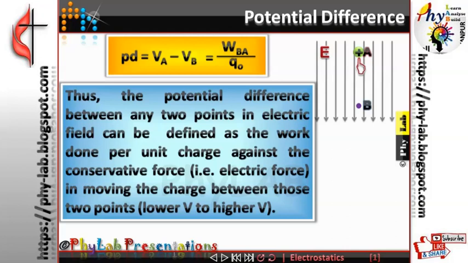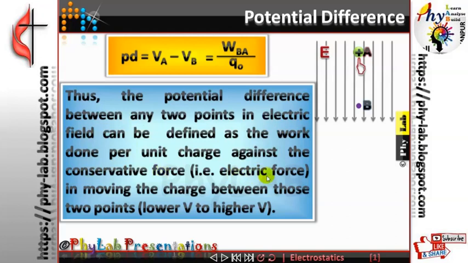You don't have to do work, the work will be obtained, but as per the definition of potential, work done by the external agent is used to define the potential. That is the reason why I am saying that the potential difference between any 2 points in electric field can be defined as work done per unit charge against some sort of conservative force.